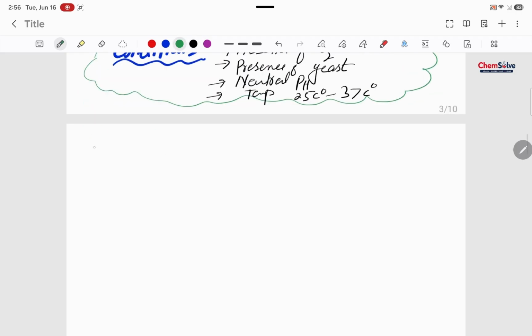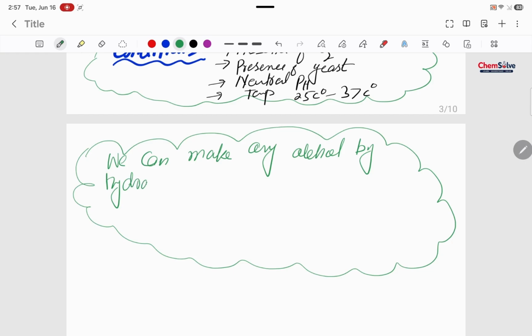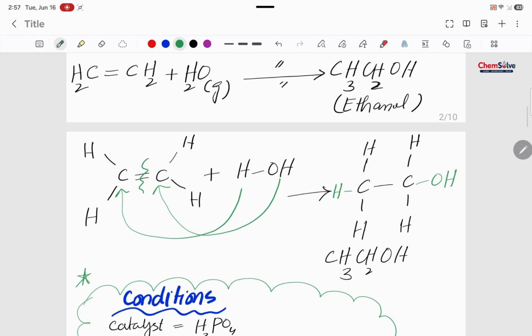Another important point is that we can make any alcohol by the hydration of alkene method, because it depends upon the alkene.